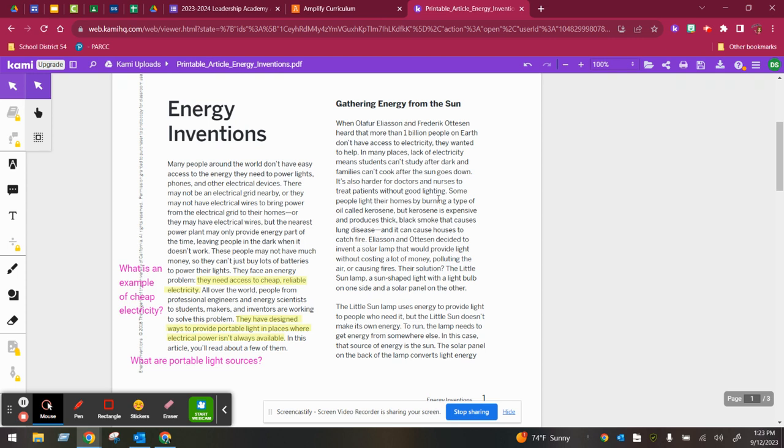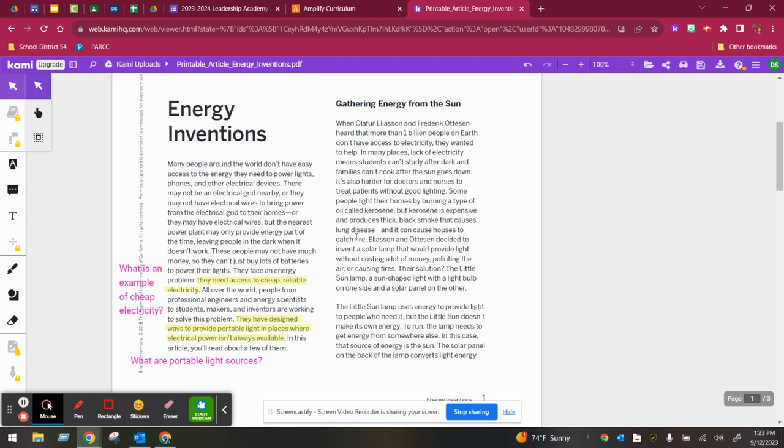Some people light their homes by burning a type of oil called kerosene. But kerosene is expensive and produces thick, black smoke that causes lung disease. And it can cause houses to catch fire.